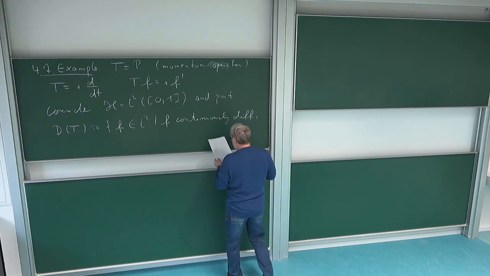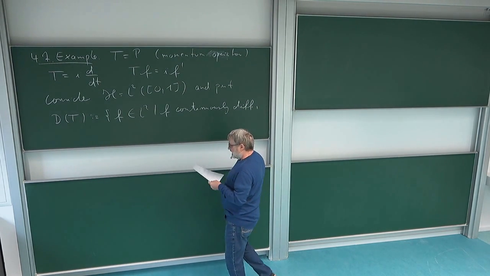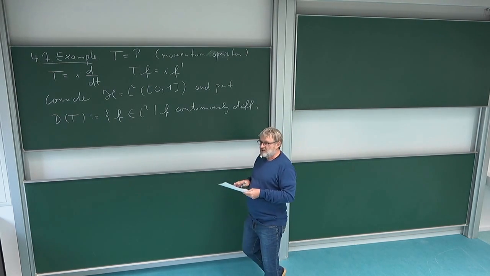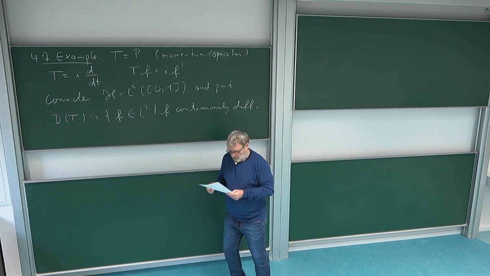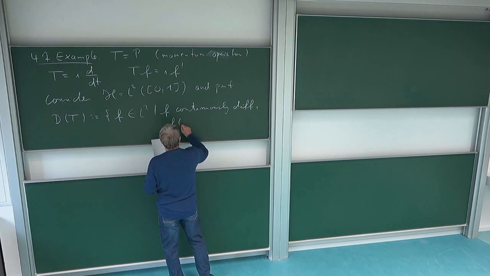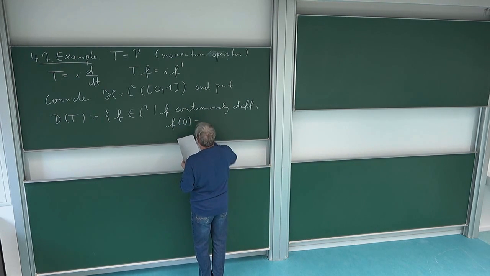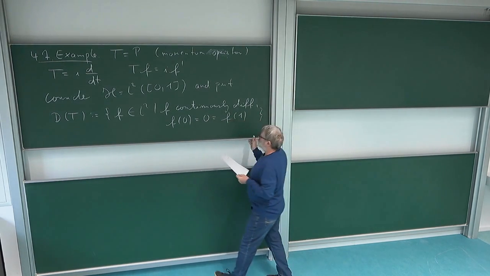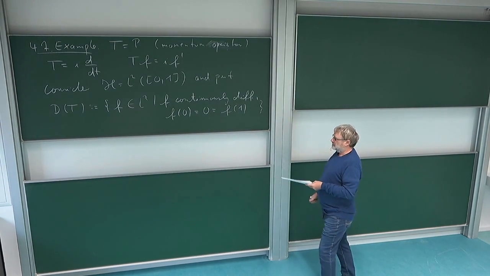So the derivative should also be continuous, and then we also need some boundary conditions. And you will see quite soon we need this to ensure the symmetry of our operator. So we also assume that at 0 and at 1 we have boundary conditions, and we require that the functions should be 0 at both ends.